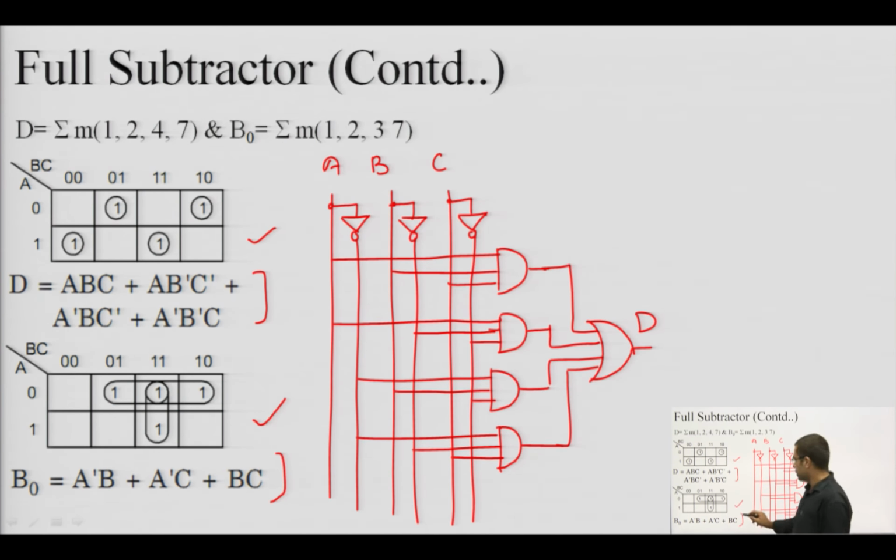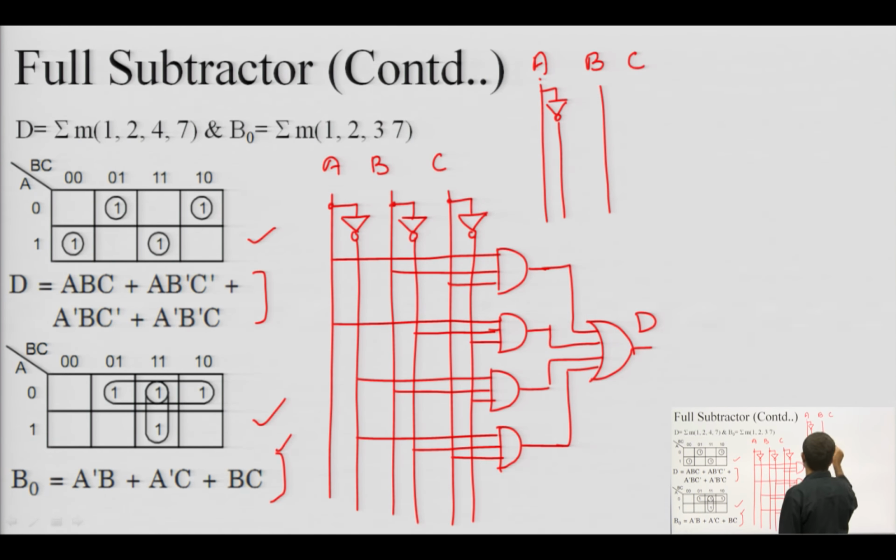Similarly, we can convert this borrow expression into a circuit as well. So, A is there and we need A bar as well, and B and C. So, A bar B, this is A bar, this is B, first product.